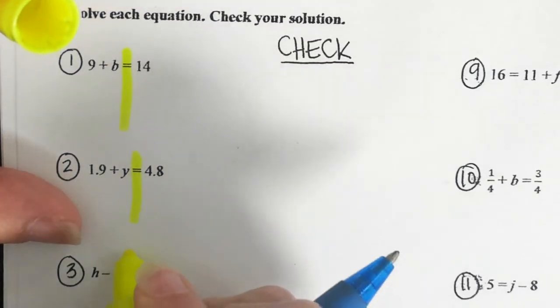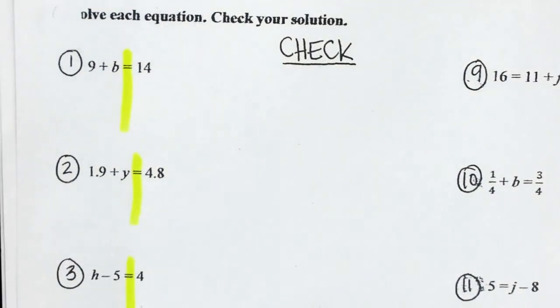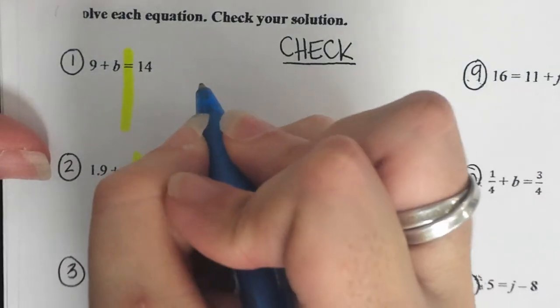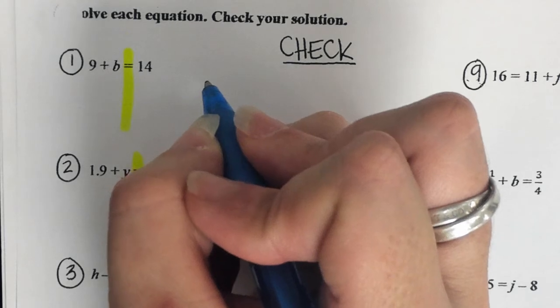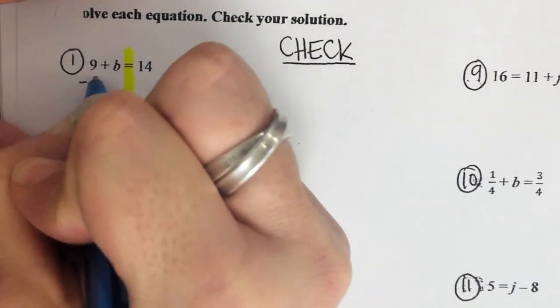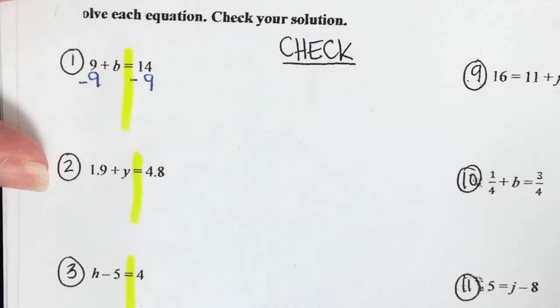What is with the B that you want to get rid of? 9. Okay, so it's a plus 9, so the opposite is minus 9, right. And what I do to one side, gotta do to the other.